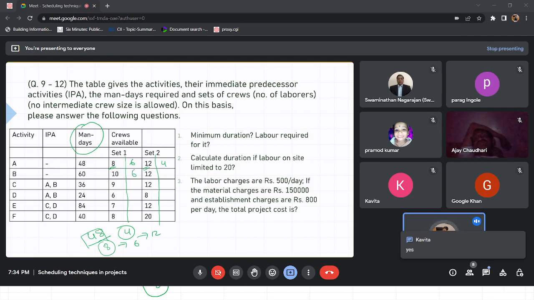Now coming to what is the minimum duration to complete this, and what is the labor requirement. Coming to minimum duration, let's find out the minimum duration for each. In this case, for each set I am just finding the duration of the activity.